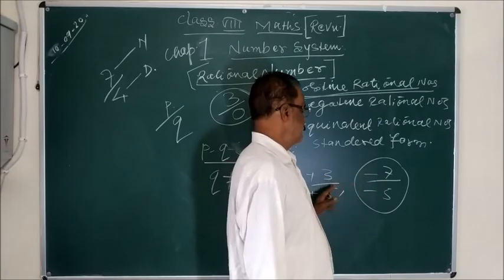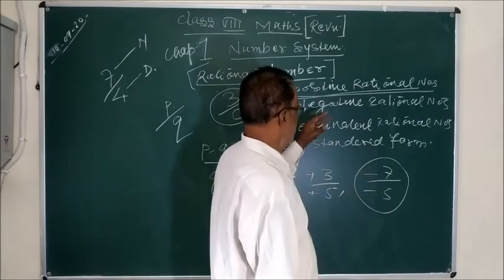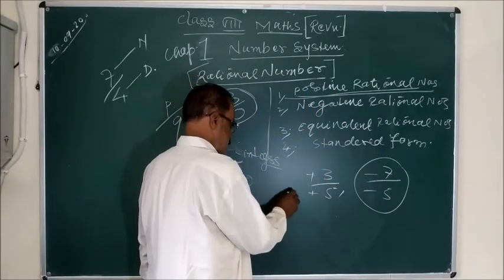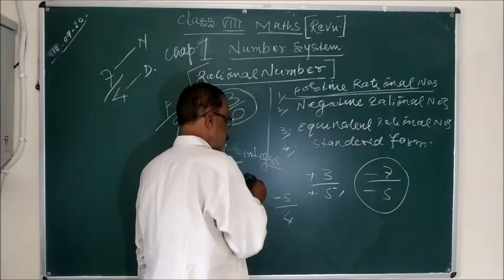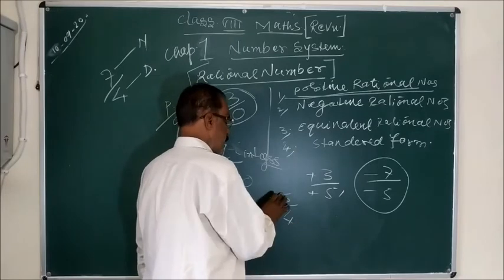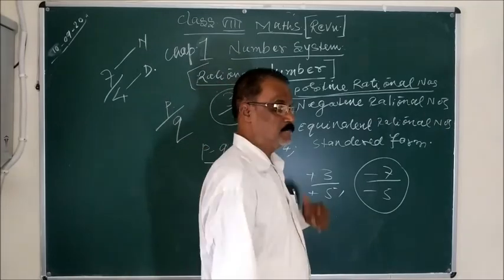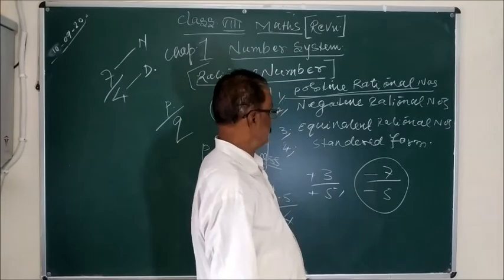So these two are called positive rational number. Negative rational number, suppose 5 by 4, either numerator is negative and other is positive, or if denominator is negative, numerator is positive. So that fraction is called negative rational number.